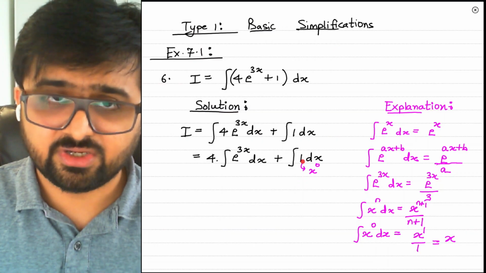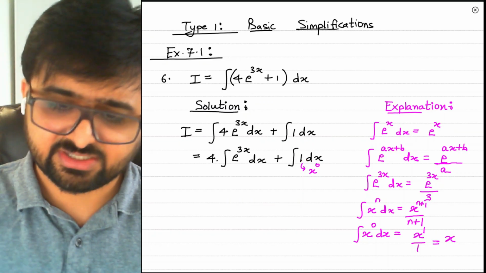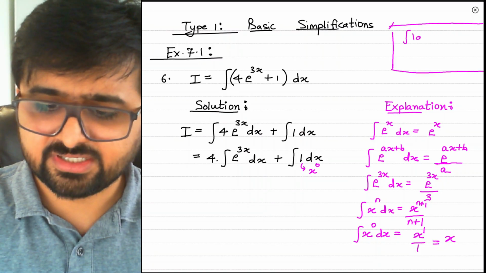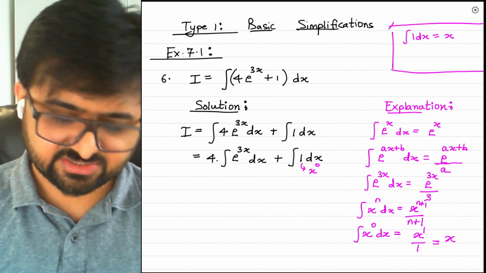Okay, so integral of 1 is nothing but x. You have to remember this from next time, that you can just say that integral of 1 dx is nothing but x.